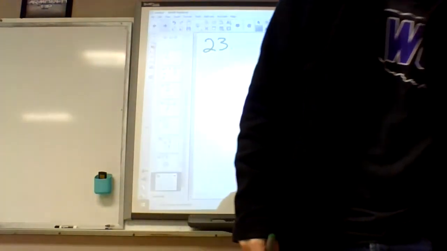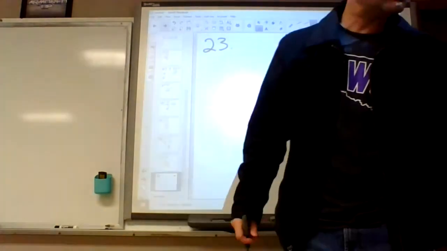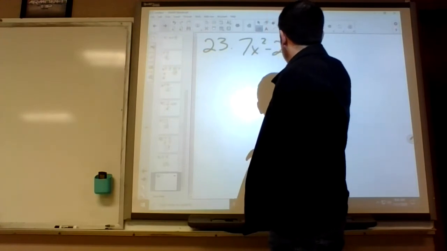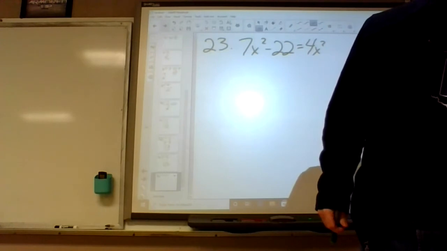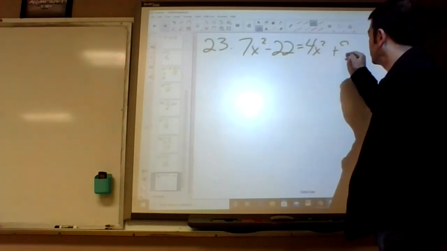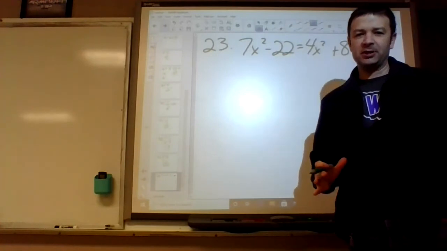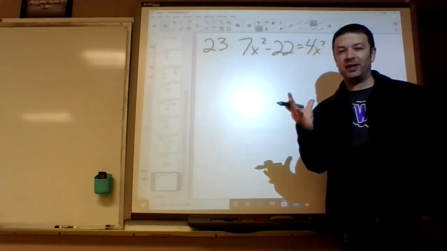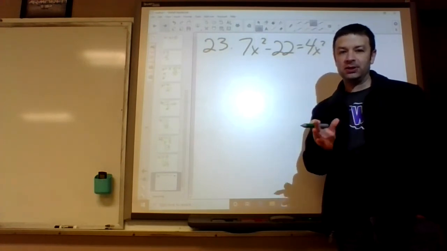Getting close. 7x squared minus 22 equals 4x squared plus 8. Alright, so I'm going to try to get x squared by itself again. I got x squareds on both sides. So just like when you have x's on both sides, you want to get rid of the x squareds on one side.